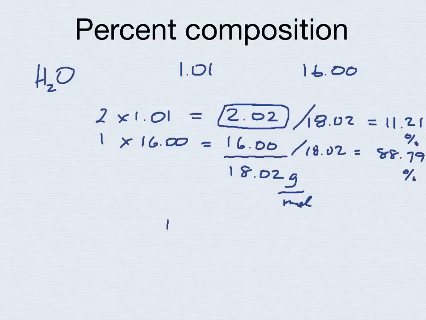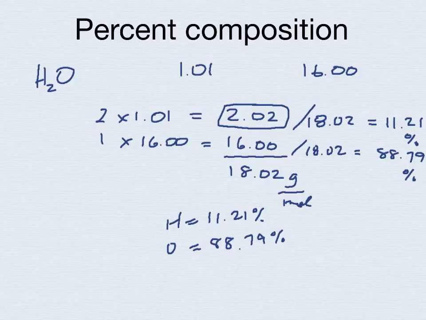The amount of hydrogen inside that unit, called a molecule, although it's 2 atoms, accounts for 11.21% of the mass. And the oxygen accounts for the difference between that and 100, 88.79% of the mass. So although it has less atoms, it's still heavier.